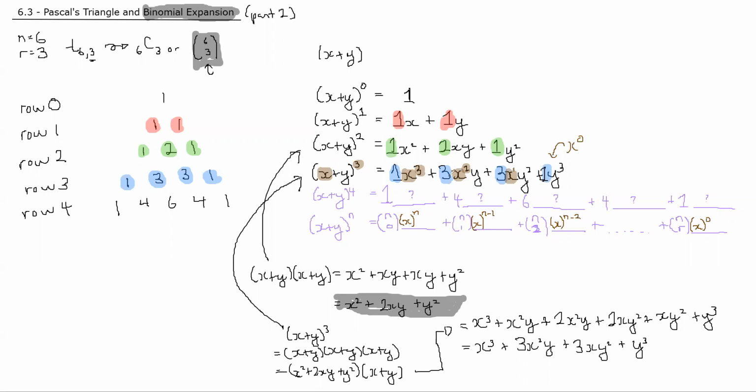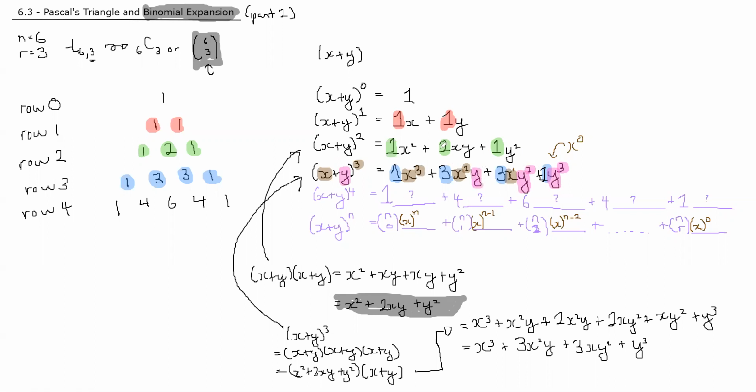What about the other term? Now I need a different color. How about I use hot pink? Take a look at the y value. The y value finishes with a power of 3. The term before it has a power of 2. The term before it has a power of 1.